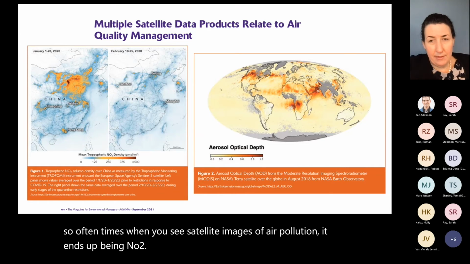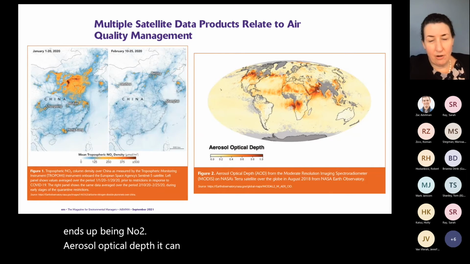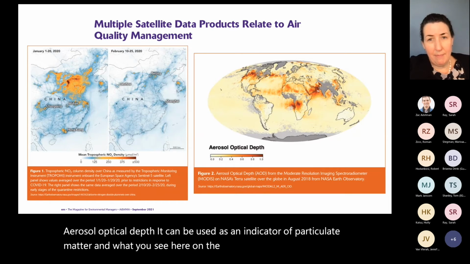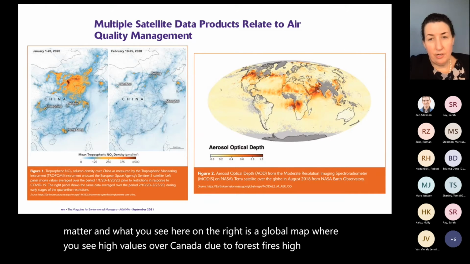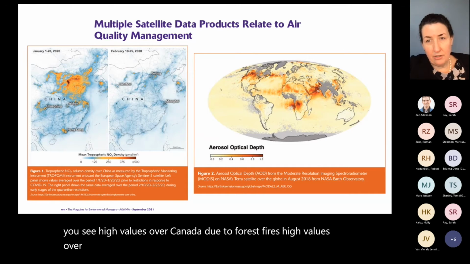Aerosol optical depth can be used as an indicator of particulate matter. What you see here on the right is a global map where you see high values over Canada due to forest fires, high values over northern Africa due to dust from the Sahara.